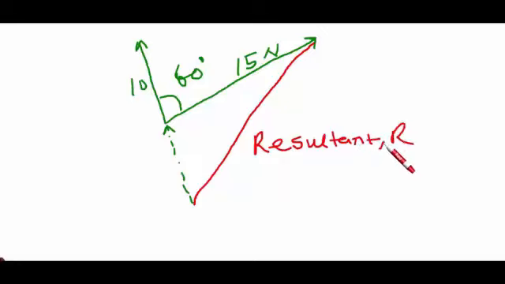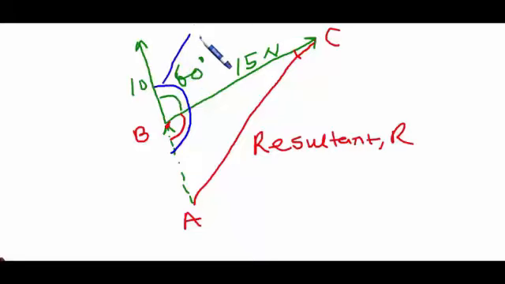Okay, so we have to use our geometry to find out this angle. These are our three angles. This is our A, this angle is our B, and this angle is our C. So if we look at this, the angle is a straight angle, and we know its value is 180.